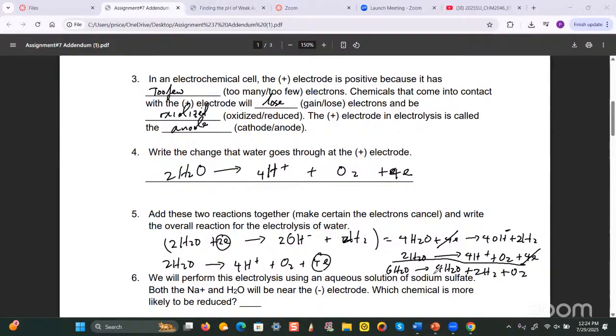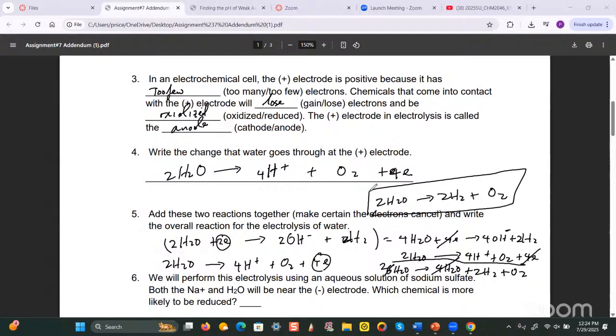These 4 water molecules will cancel 4 of these, leaving behind 2. So your final answer would be 2 H2O to give 2 H2 plus O2. This is the final answer when you add those 2 equations to each other.